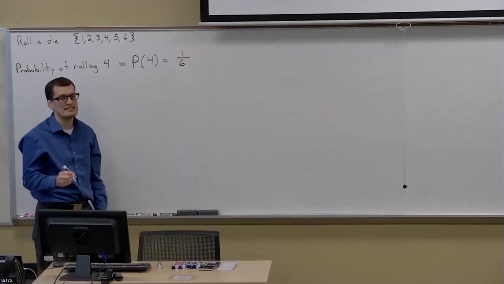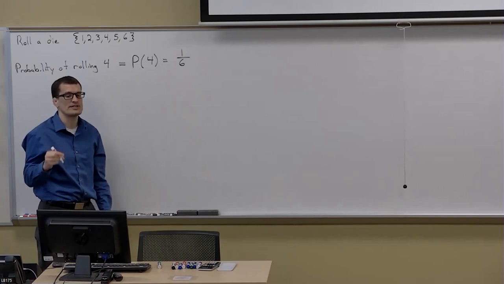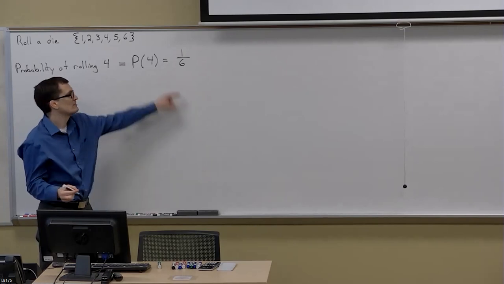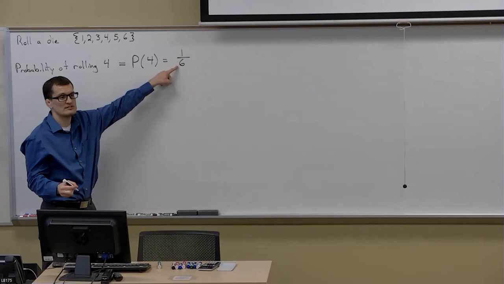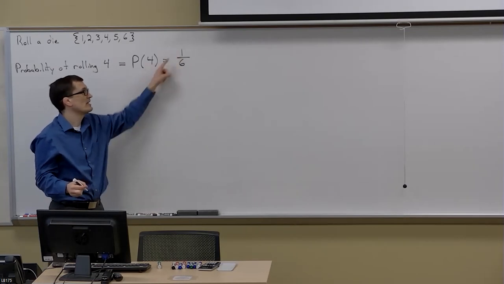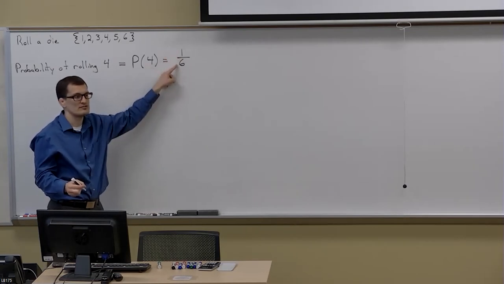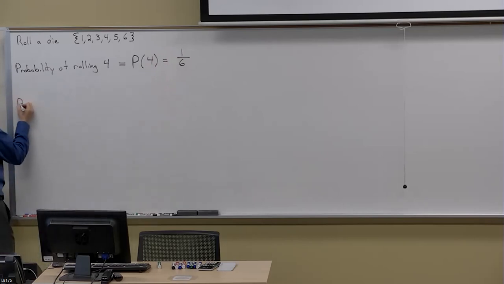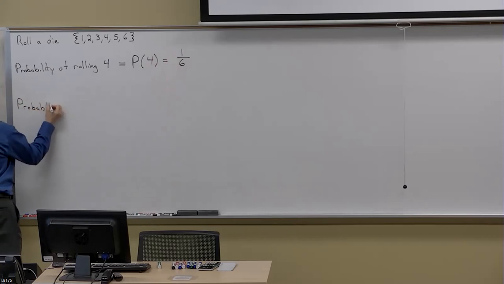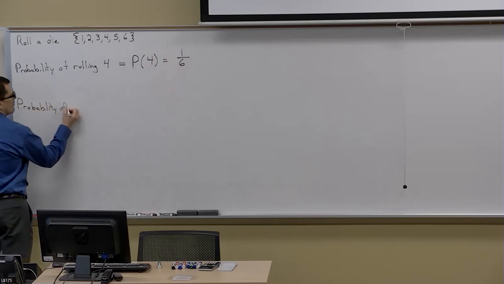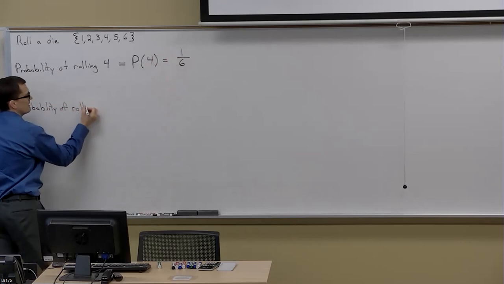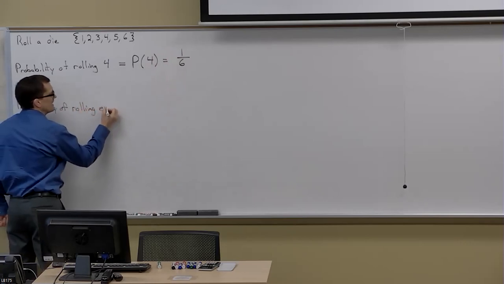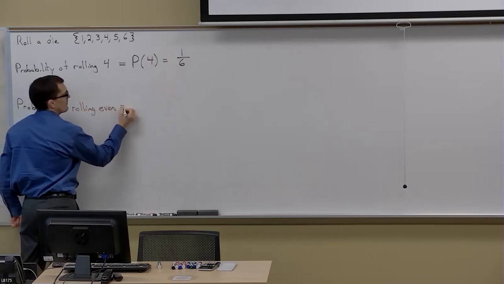Classical probability says all the numbers are equally likely. So there's 6 options. The chance of getting a 4 is 1 out of those 6 options. And then you can also say, well, what's the probability of rolling an even number?